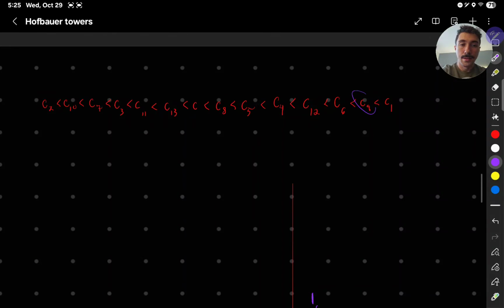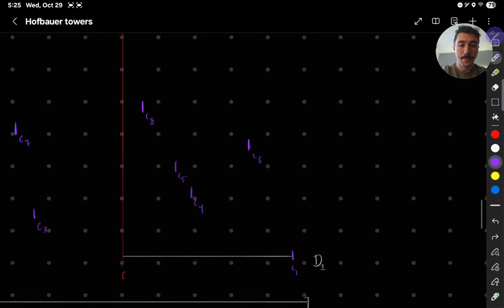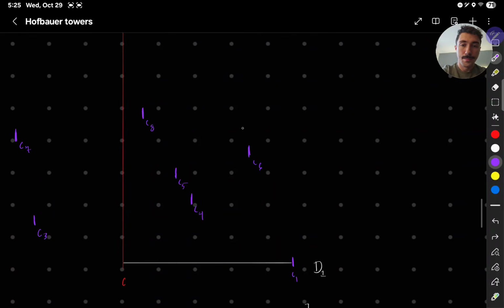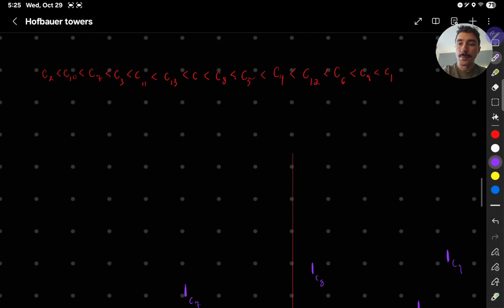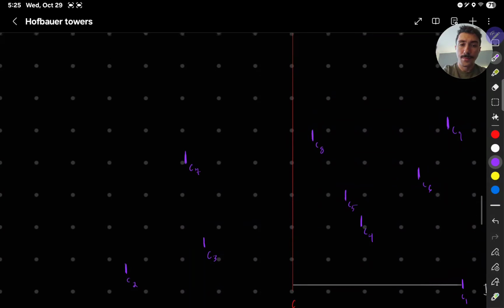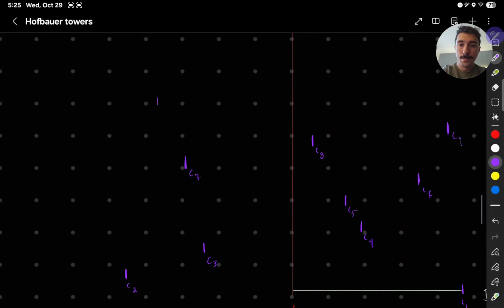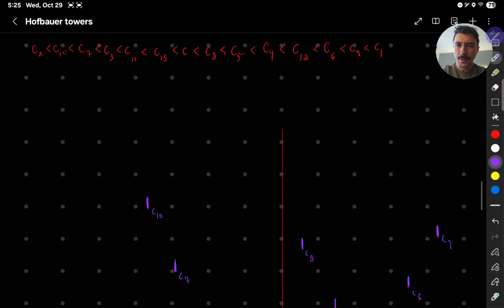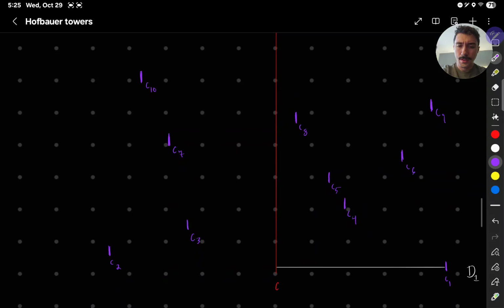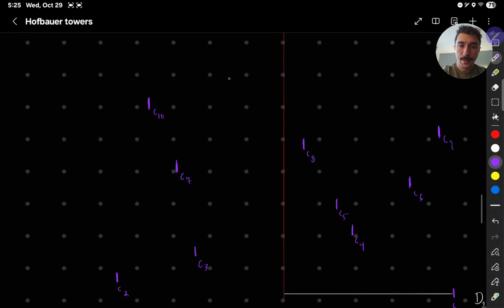C9, over here between C6 and C1. C10 between C2 and C7. C11 is between C3 and C, closer to C3.